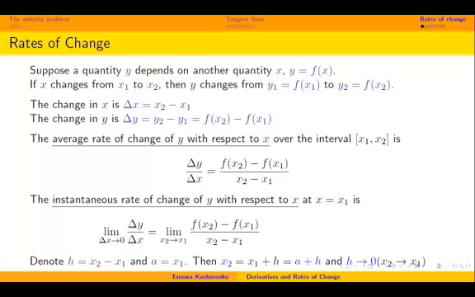Using this notation, we can rewrite the instantaneous rate of change as the limit as h approaches 0 of f of a plus h minus f of a divided by h. We define the derivative of the function f of x at x equals a to be the instantaneous rate of change.